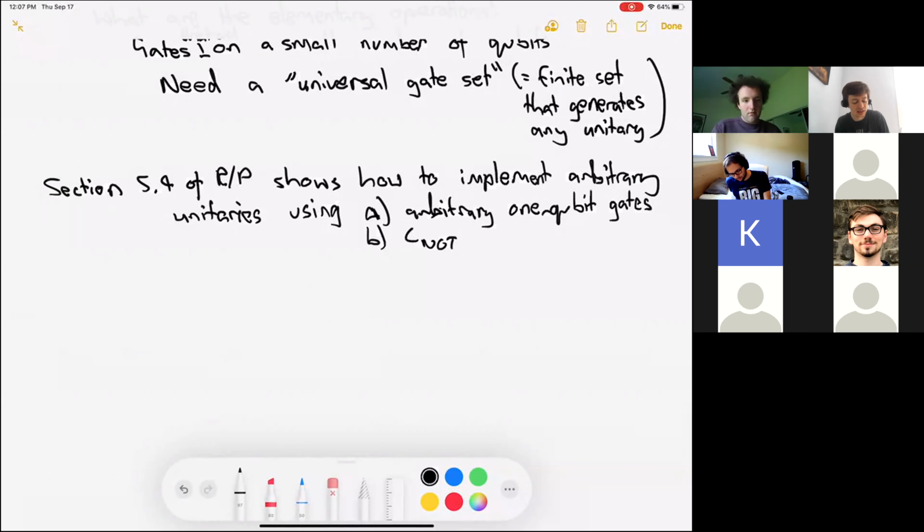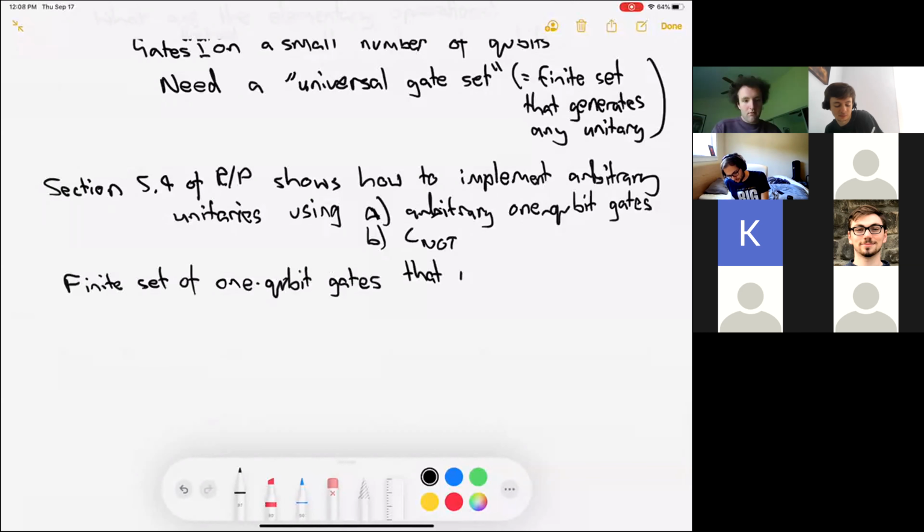So what we need is some finite set of 1-qubit gates that's universal in the sense that it lets us do any 1-qubit gate. Okay.